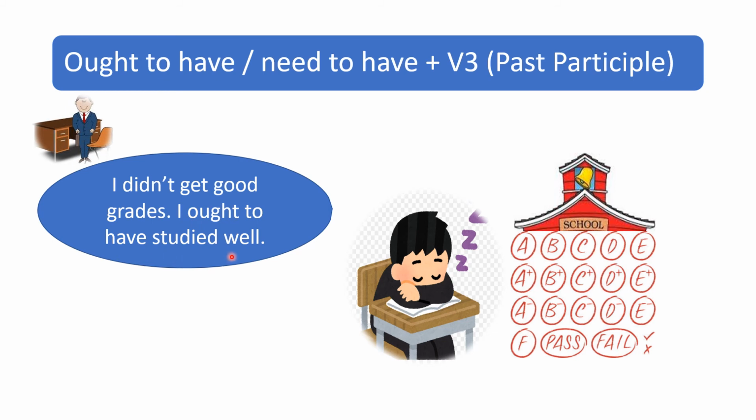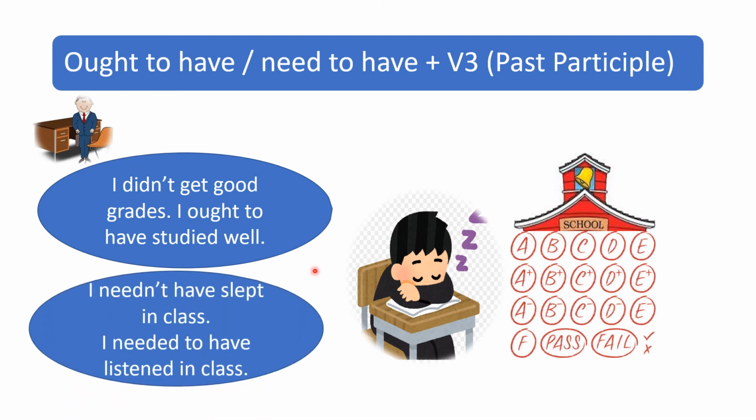But did he study well? No, he was sleeping. Same meaning, I needn't have slept in class. Instead, I should have studied. That means I needed to have listened in class to the teachers, which he did not do.